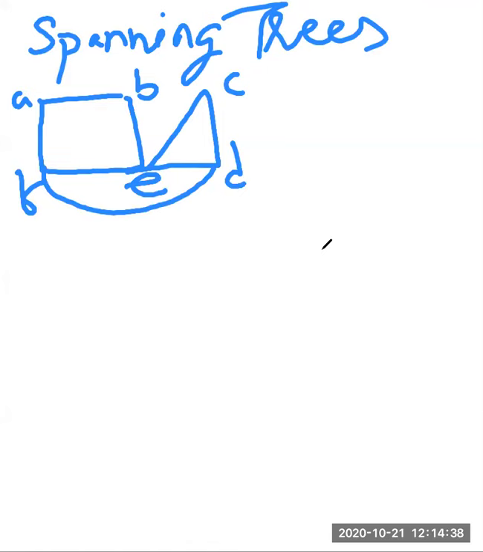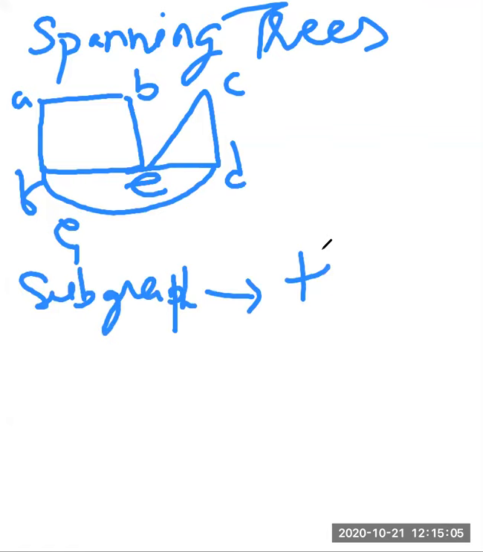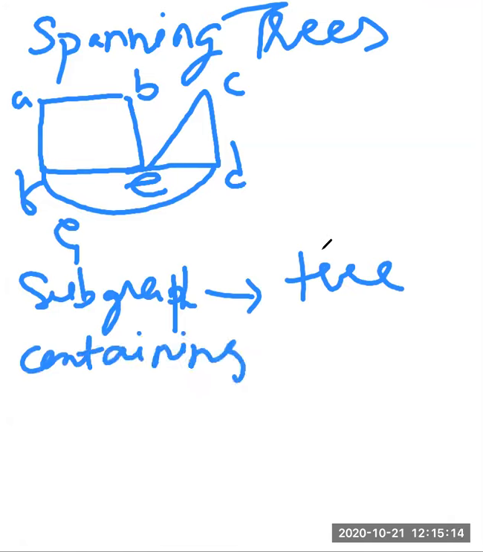So consider this graph, and let's name this graph G. Now a spanning tree of G is basically a subgraph of G such that it is a tree, containing every vertex of G. But it should be a tree.